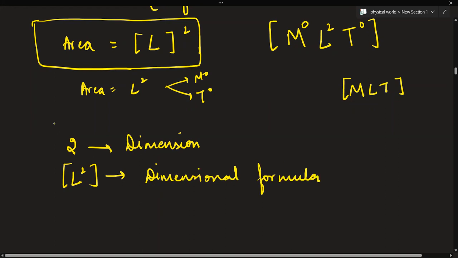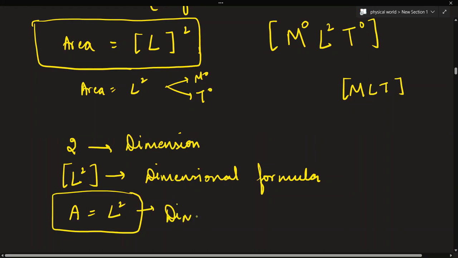If anyone asks you what is the dimension of area, you say it is 2. And this whole A is equal to L square, this whole complete statement, this is known as dimensional equation.